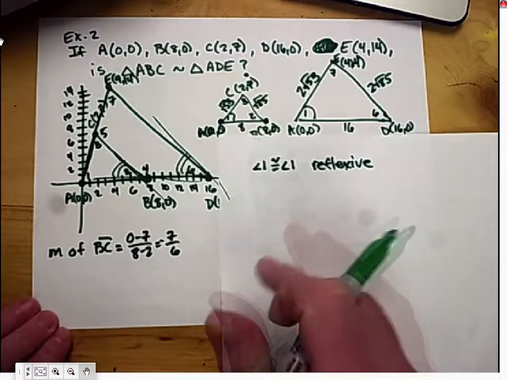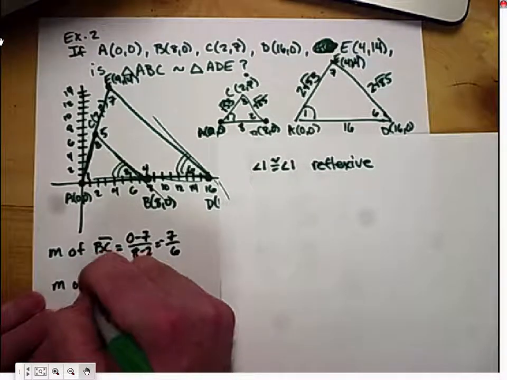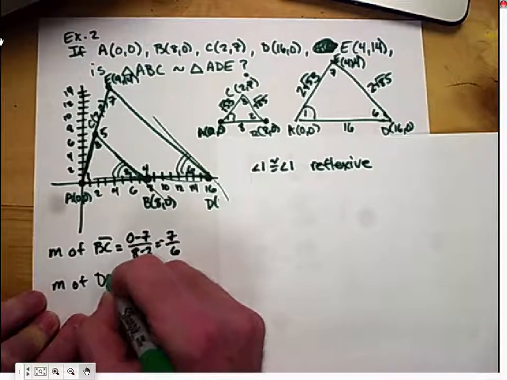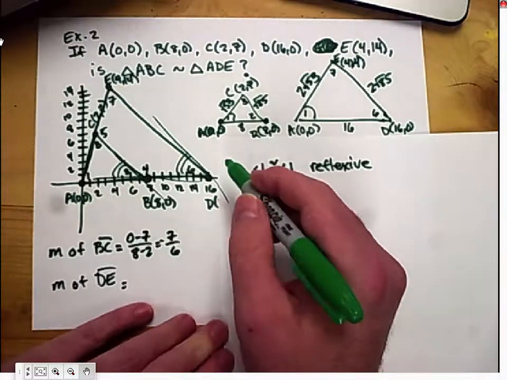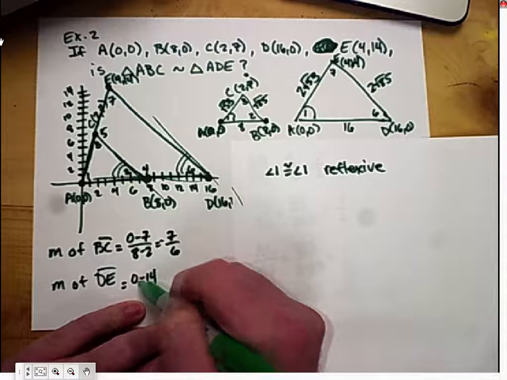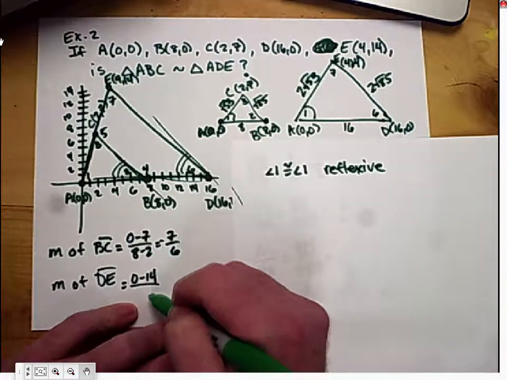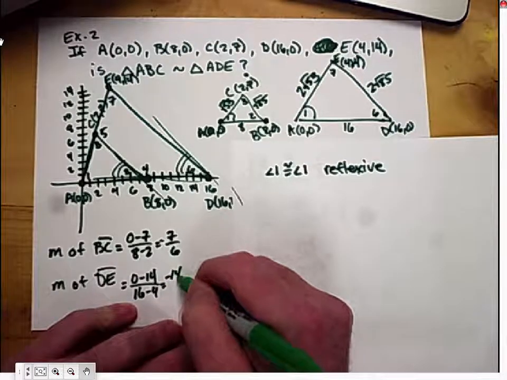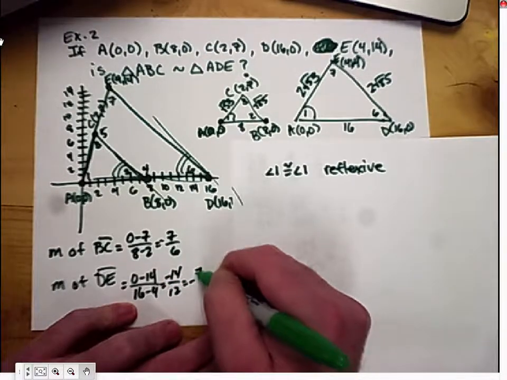Okay? Then find the slope of DE. That is change in y, 0 minus 14, over change in x, 16 minus 4. Well, that is negative 14 over 12, which is negative 7 over 6.